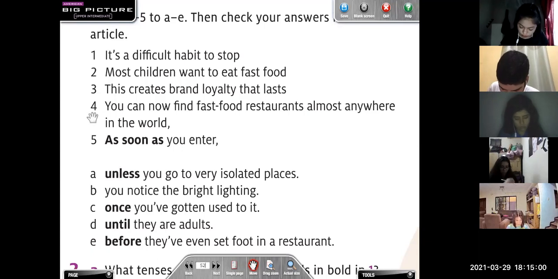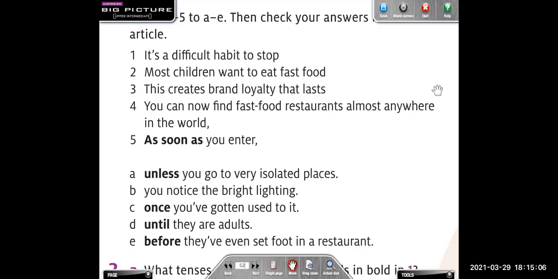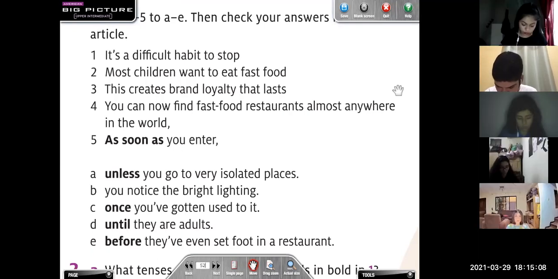Number 4, you can now find fast food restaurants almost anywhere in the world, unless you go to very isolated places. Yes, unless you go to very isolated places. And then here we have, as soon as you enter, you notice the bright lighting, okay?